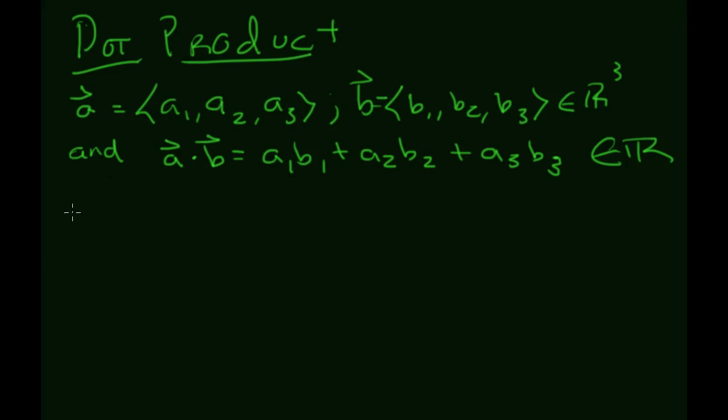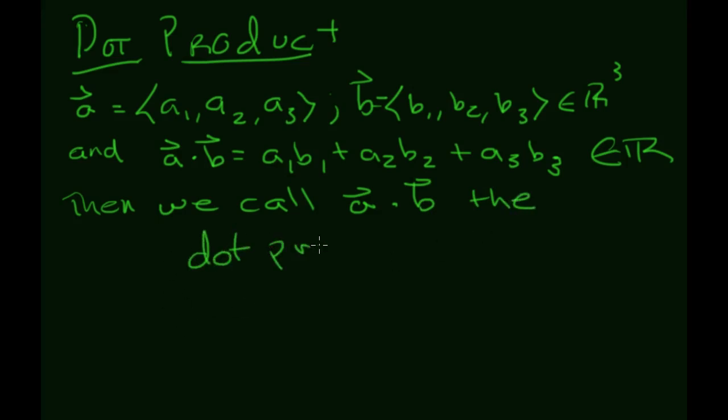So if this is the case, then we call A dot B the dot product of A and B. Now this is going to have some geometric implications later on, but for right now it's the tool that we're going to use, and we're going to look at some of its properties.